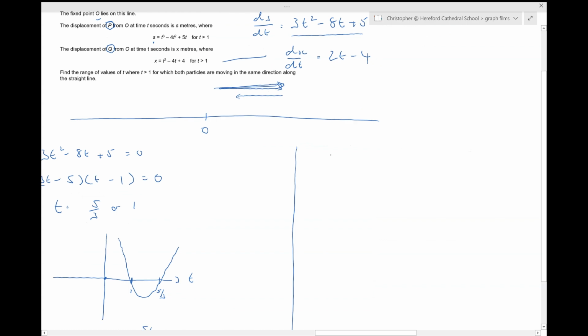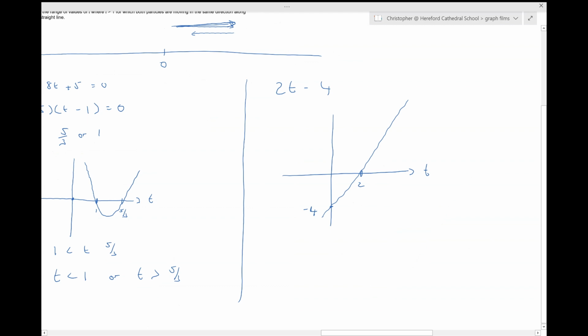Well, that's a much easier graph to be thinking about. It goes through here at -4, and it's going to cross here at 2, and of course it's a straight line. All right, there's my value of t.